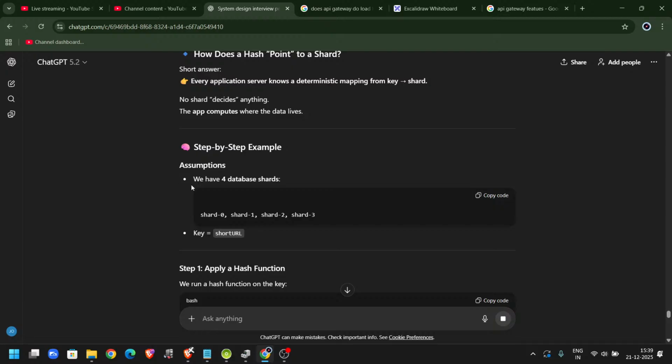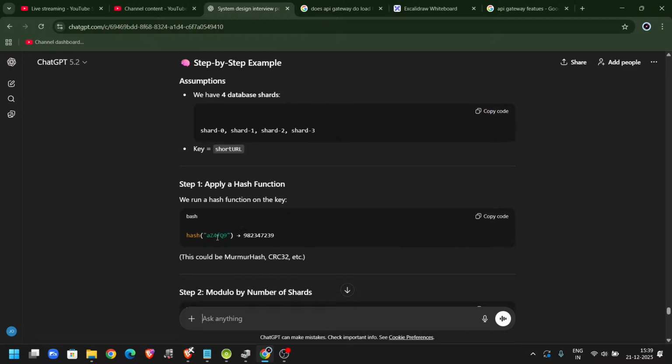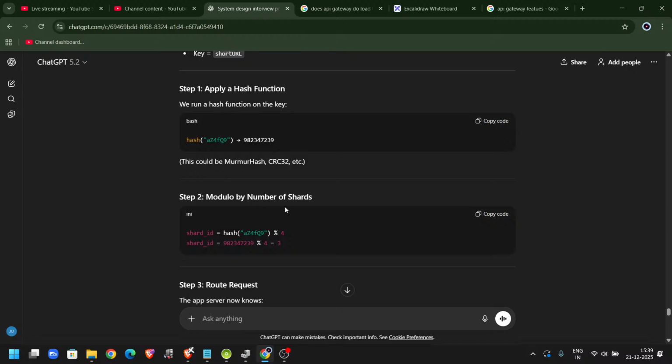Shard 0, shard 1, shard 2, we assume we have 4 shards. Apply a hash function. We run a hash function on the key. This could be murmur hash. Then modulo by the number of shards.